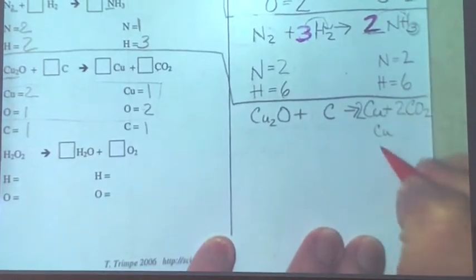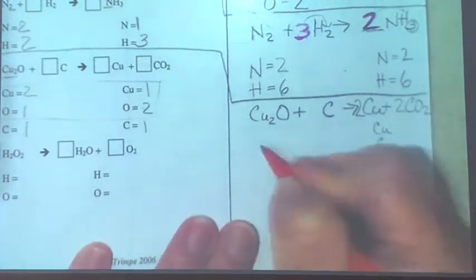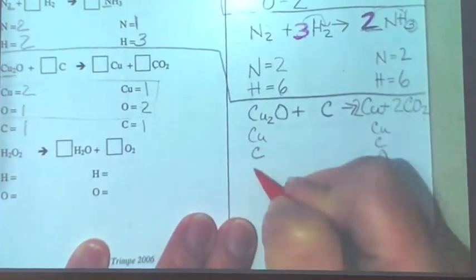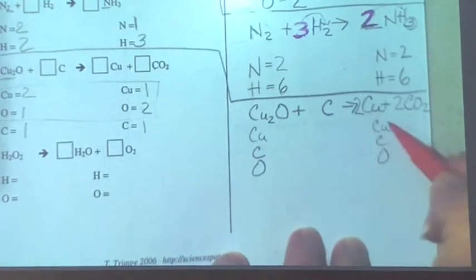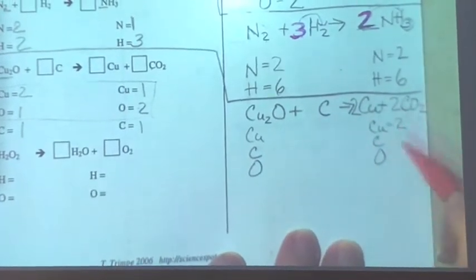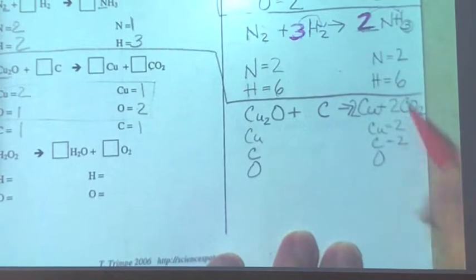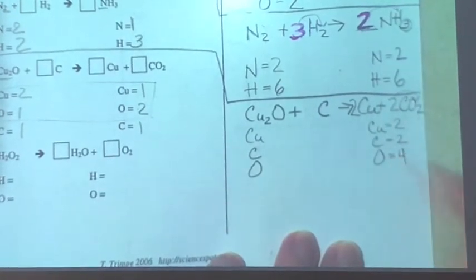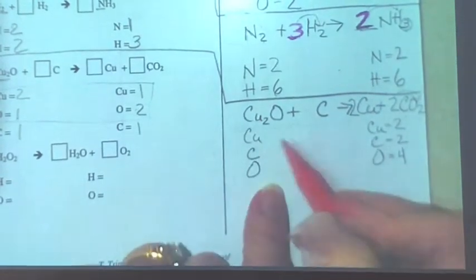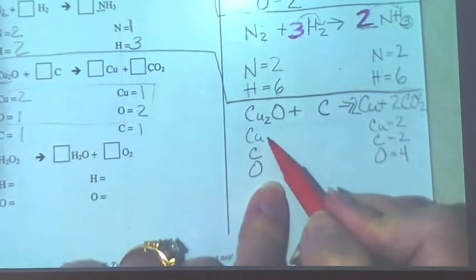And then I'm going to write Cu, CO, Cu, CO. Okay? So right now, just temporarily, I'm going to write this down. I've got 2 Cus, I've got 2 carbons, and I've got how many oxygens? 2 times 2 is going to be 4 oxygens. All right? So I've got to balance that on this side.